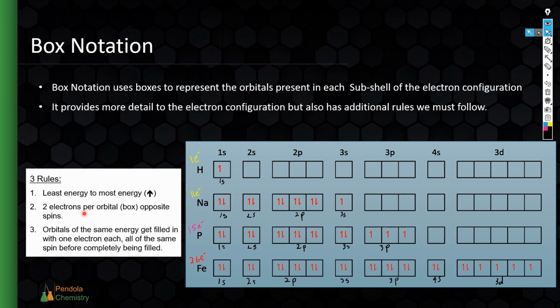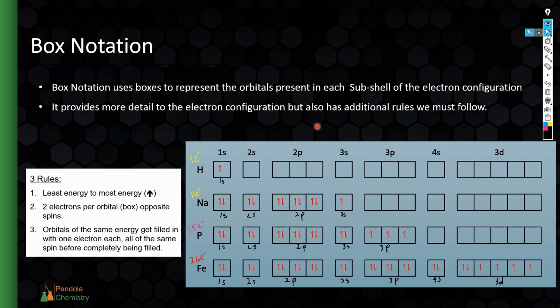Again, those extra rules: the first rule is just from least energy to highest energy, the same rule we had for the standard notation. Then we have the second rule, which is that there can only be 2 electrons per orbital and they have to point in opposite directions. That's special because we're now showing orbitals.